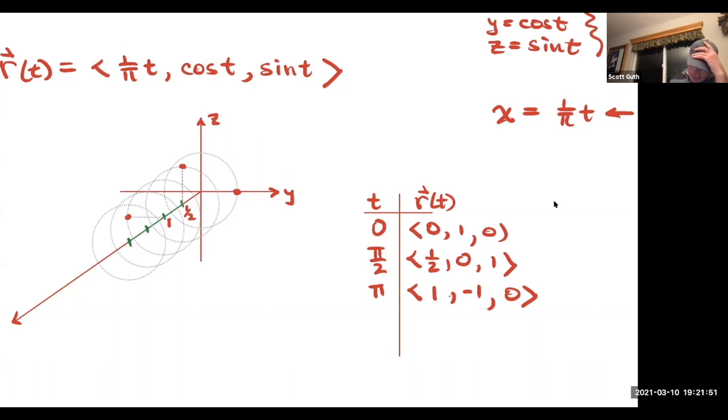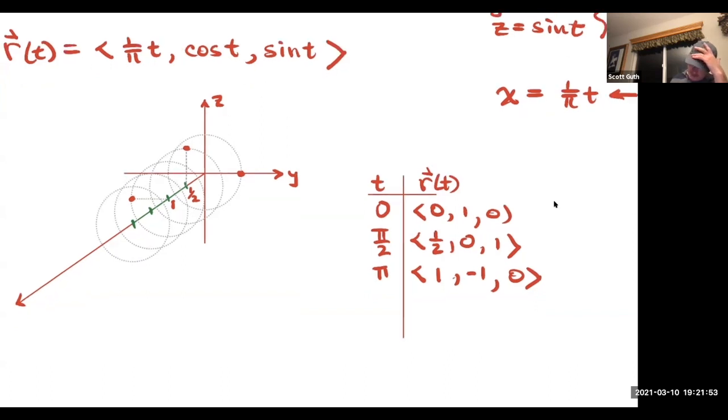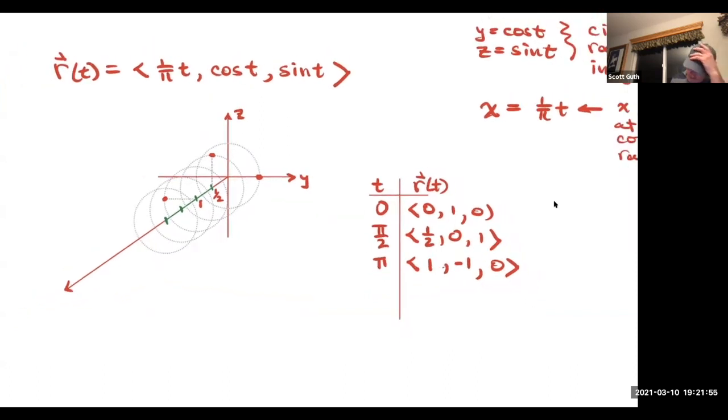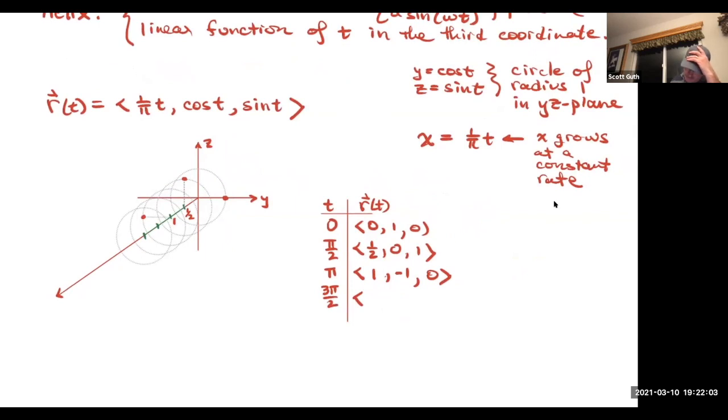Okay, and then the next one would be at 3 pi over 2. So here, x would be just 3 halves. Cosine of 3 pi over 2 is going to be 0.